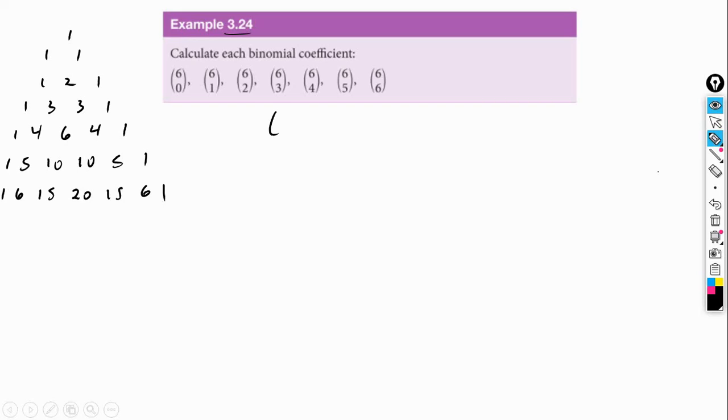So notice that first we have 6 and 0, and recall that this is equal to 6 factorial over 0 factorial times 6 minus 0 factorial, and then this is just going to give us 1.